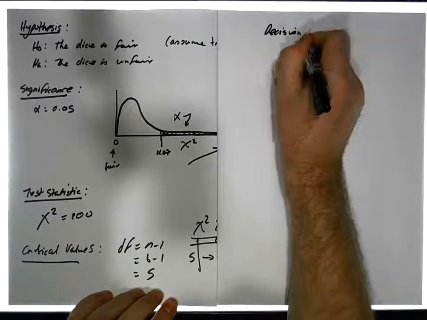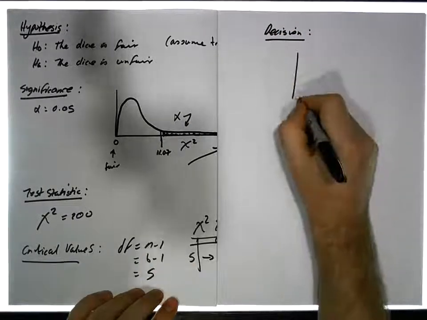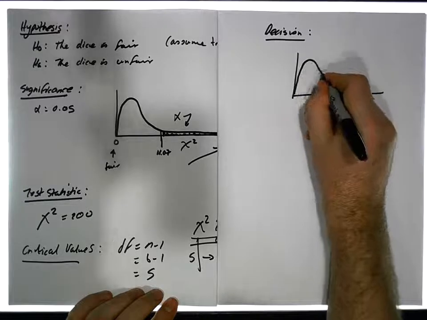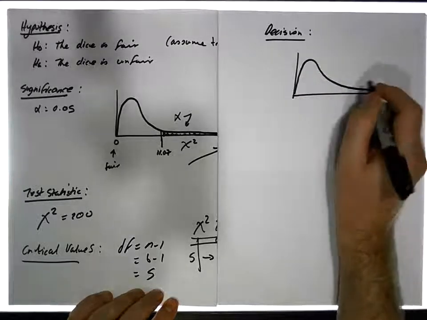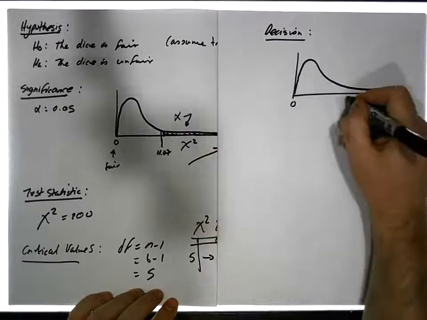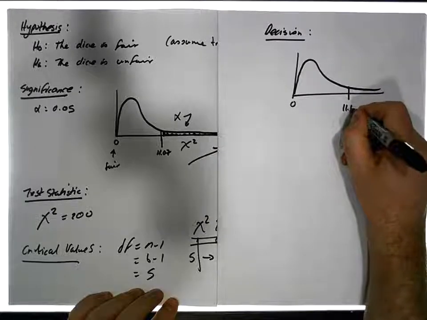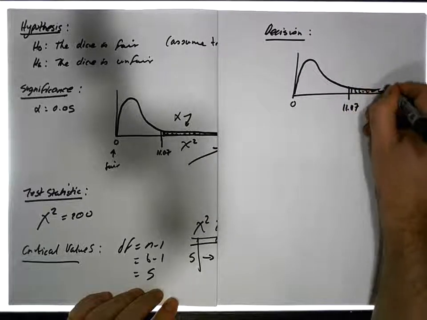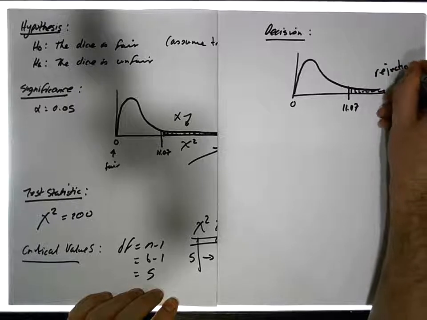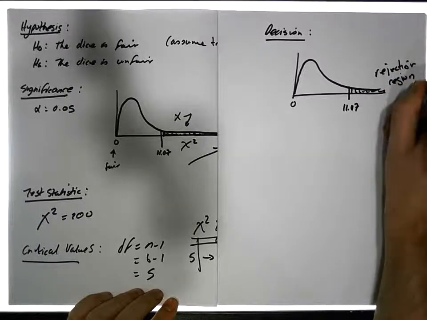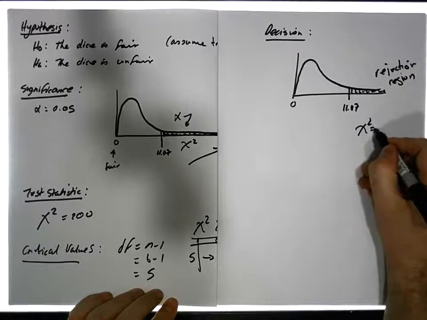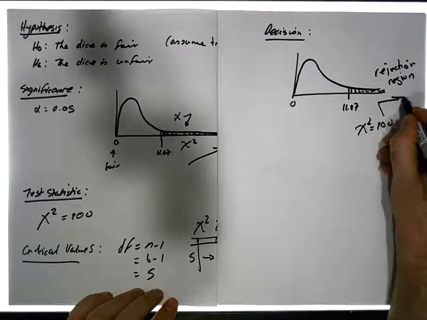Let's just draw that graph again. It's a chi-square distribution, which is positively skewed depending on degrees of freedom. The critical value here is 11.07. This is our rejection region. And our test statistic, chi-squared equal to 200, is well in the rejection region.